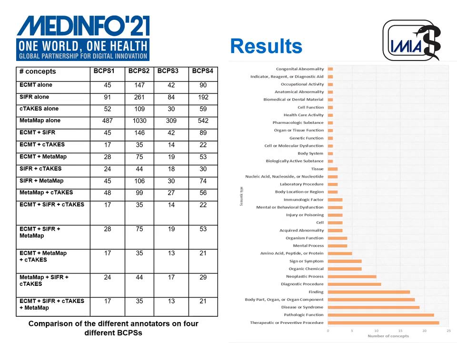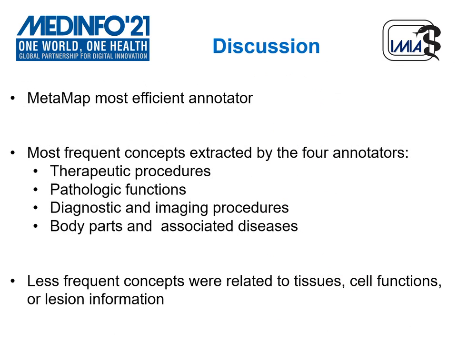We also wanted to study the semantic types that are extracted by the systems. So we found that therapeutic and prevention procedures were the semantic type that is the most extracted in all the patient summaries. So at the end, MetaMap was the most efficient annotator because it extracted a lot more concepts than the other systems.